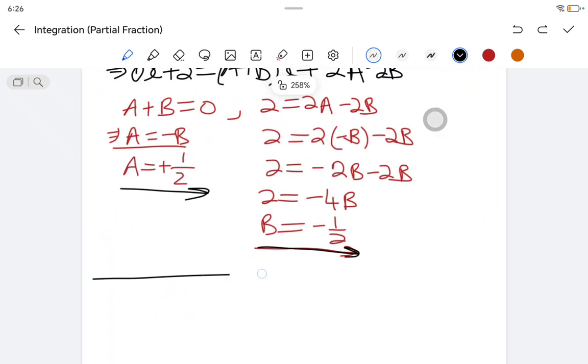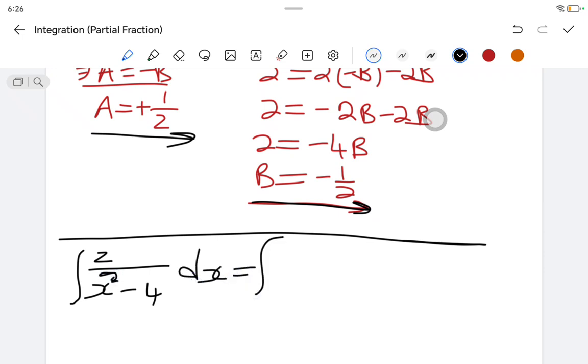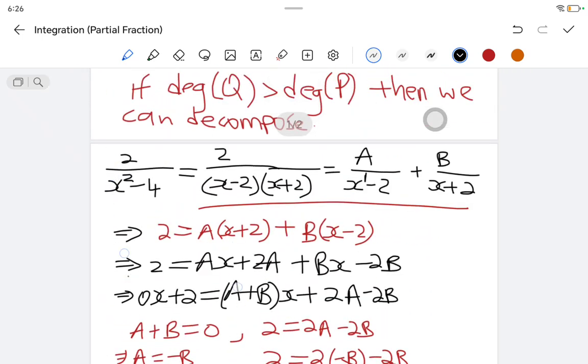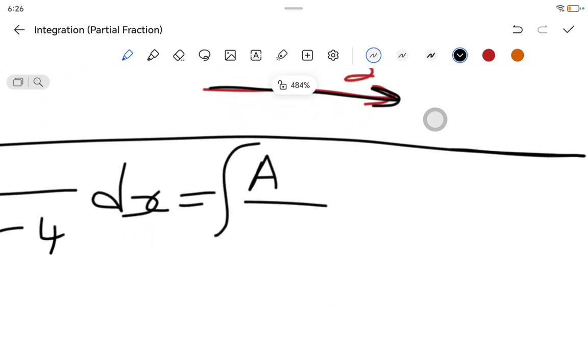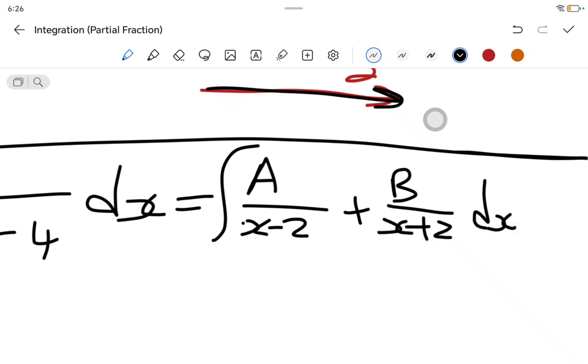And we know that the integral of 2 over x squared minus 4 dx, which we had from the beginning, will now be equal to a over, it was what? It was x minus 2. So we must make sure we put the correct one here. x minus 2, b over x plus 2 dx.